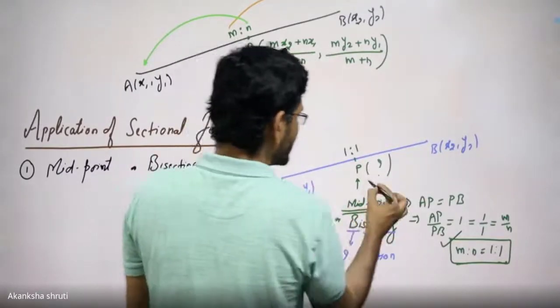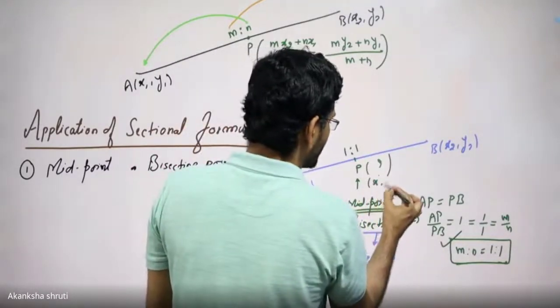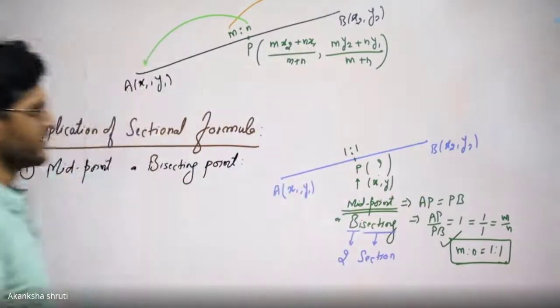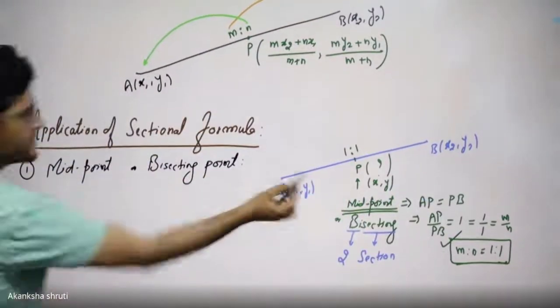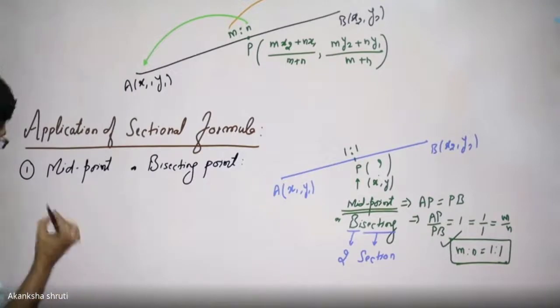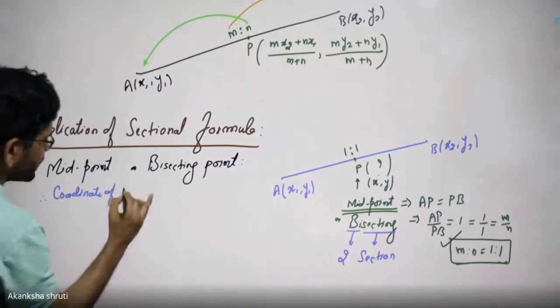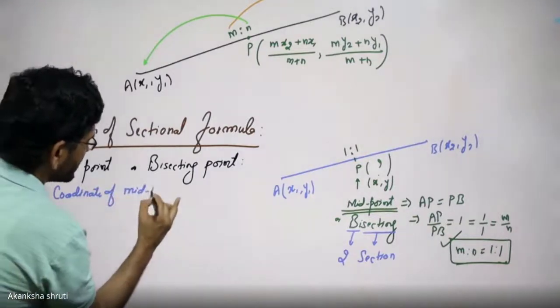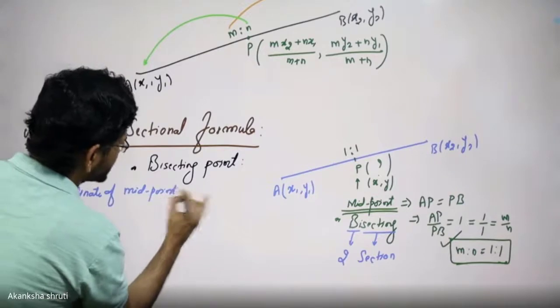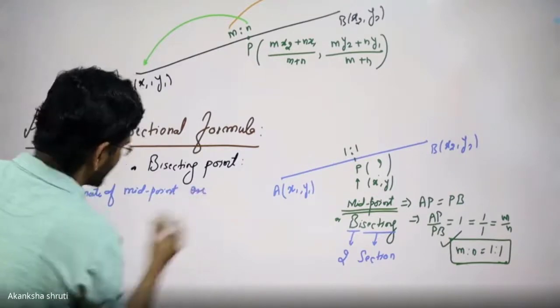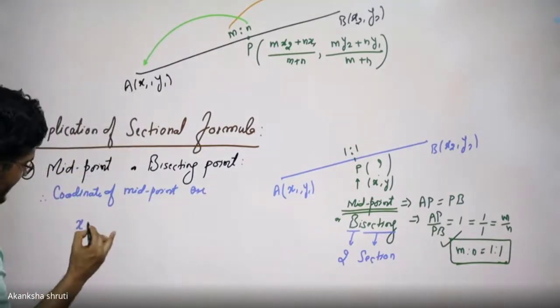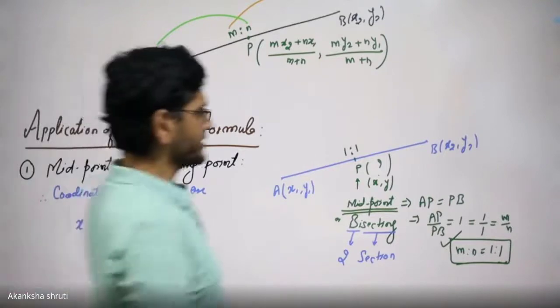Students, if we consider the coordinate as (x, y), then the coordinate of the midpoint, or bisecting point, which mean the same thing, how is x calculated?